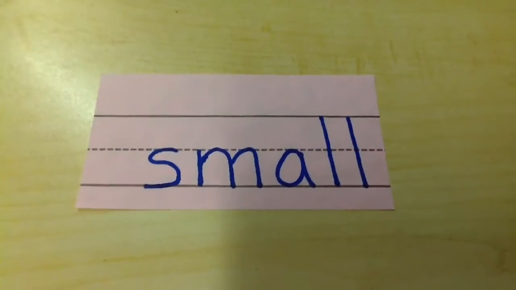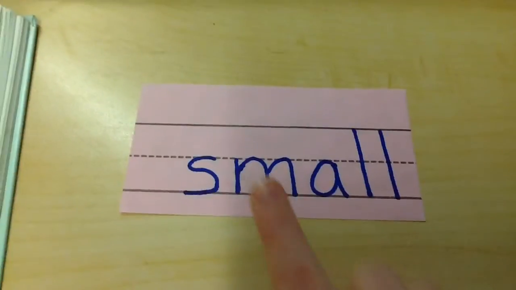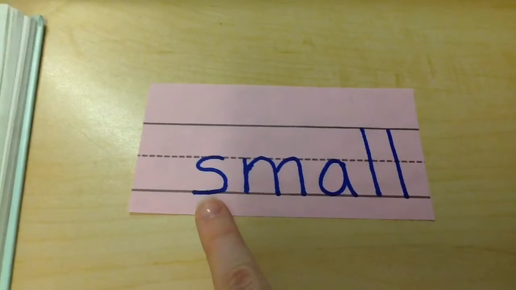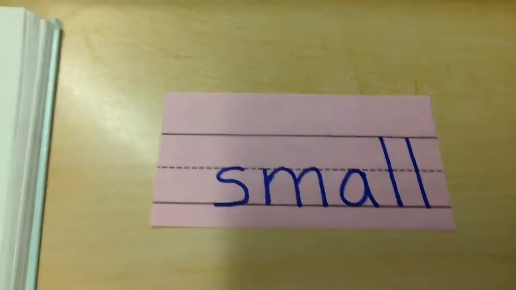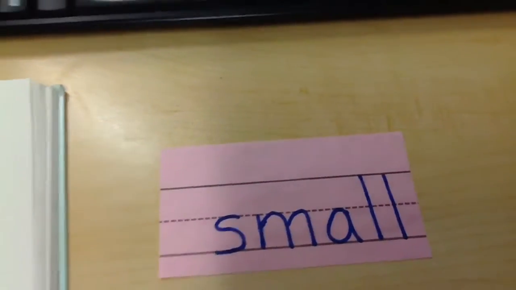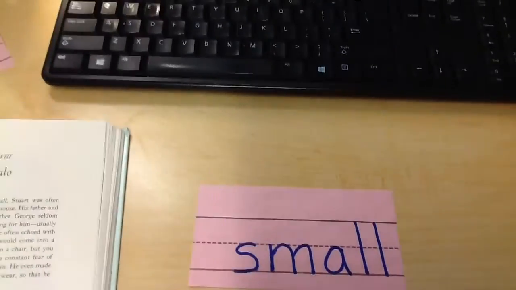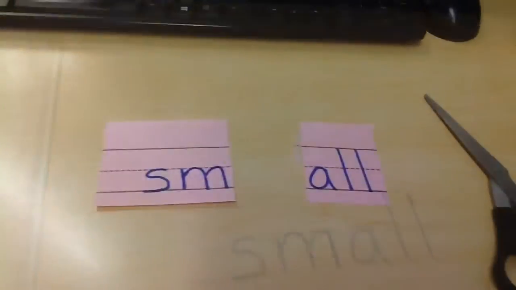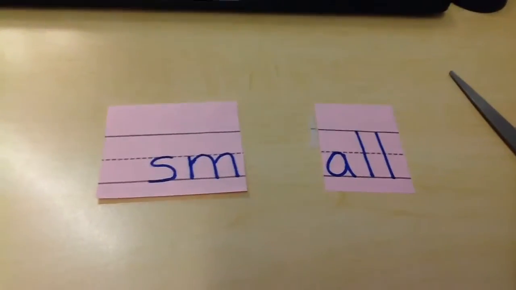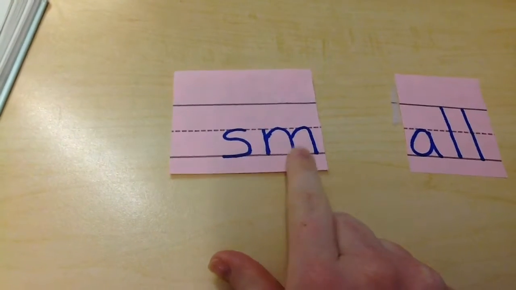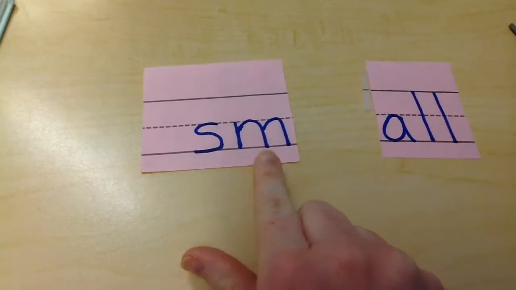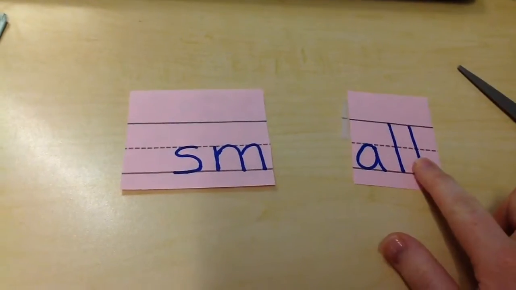The text said, because he was so this. And I can see right here that there's a consonant cluster, S and M. Instead of using stretchy snake to say every part, I can chunk it into the consonant cluster. So I can separate the consonant cluster, SM, sm, and all.